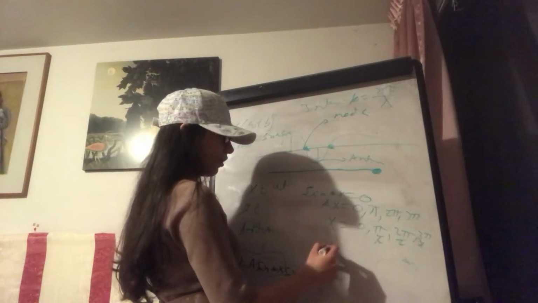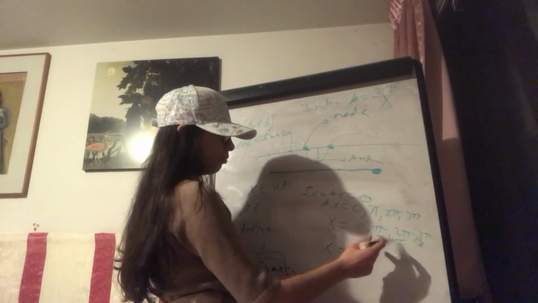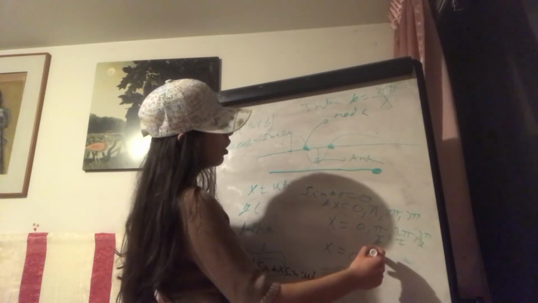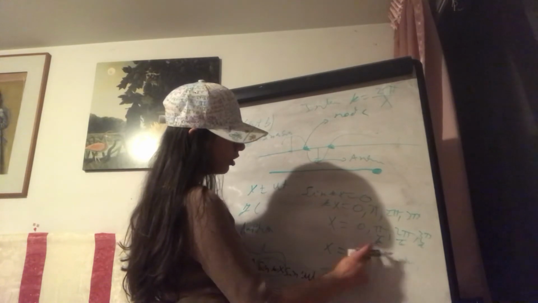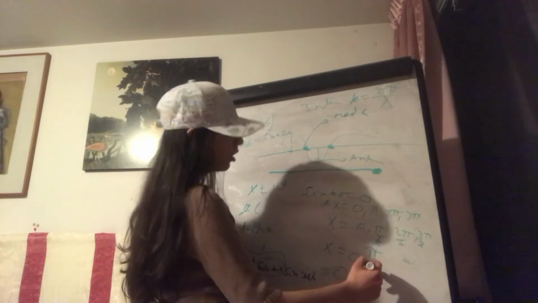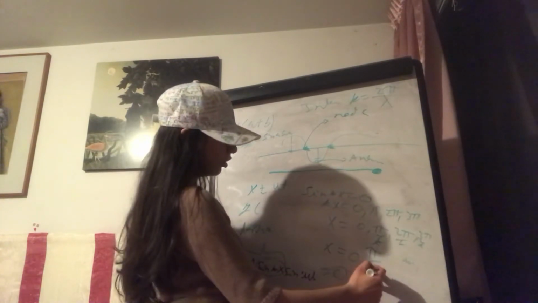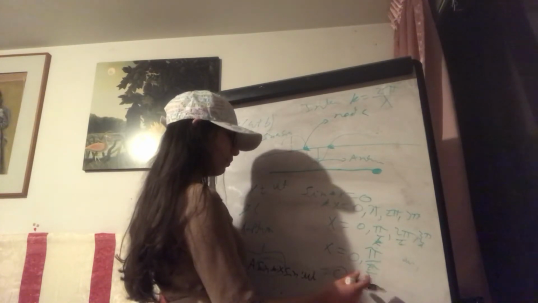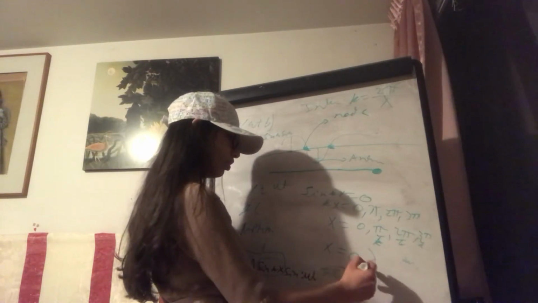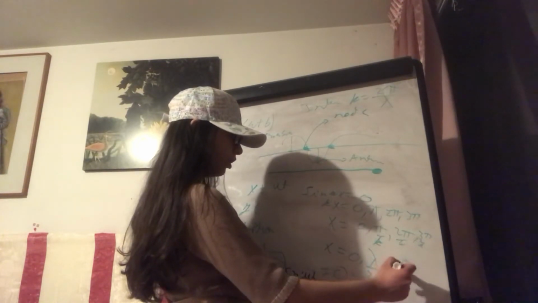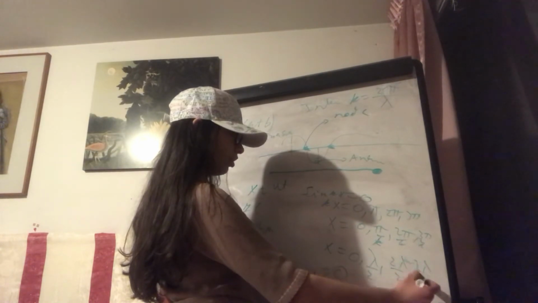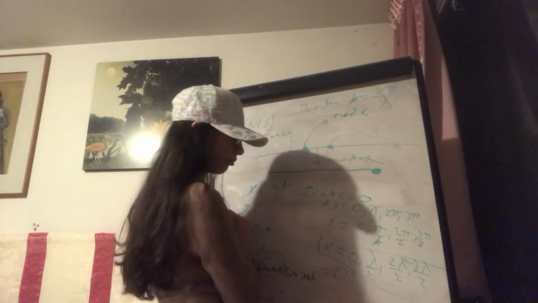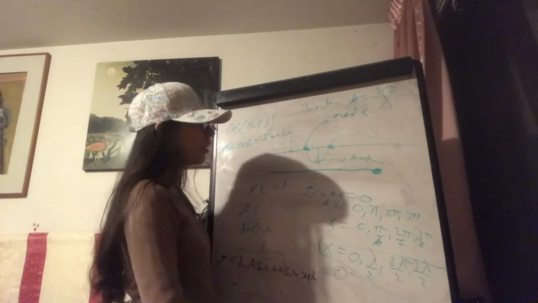So x is equal to 0, pi divided by 2pi over lambda, and then I have lambda over 2, 2 lambda over 2, 3 lambda over 2, etc. These are the positions at which we have the nodes, and they are half a wavelength apart.